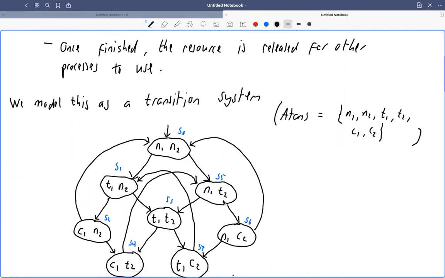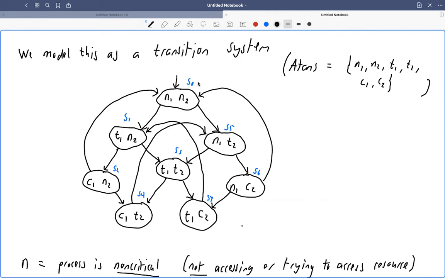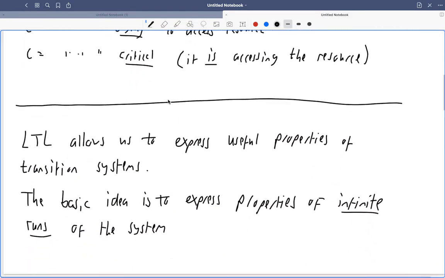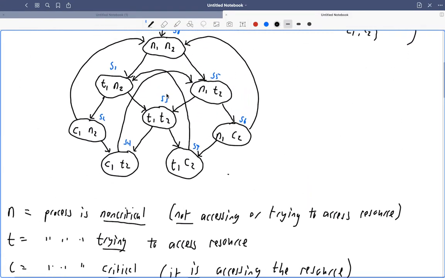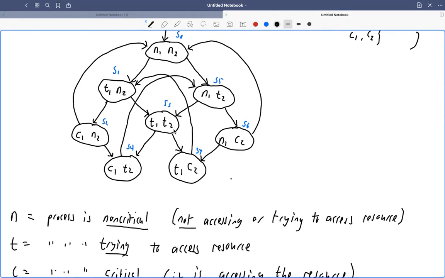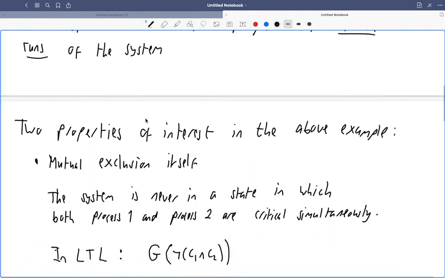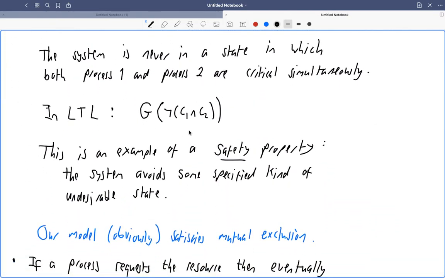So let's start a run through the system, for example, starting at S0. And we take any run in the system, we look at the whole infinite path, and this is simply saying that for that infinite path, whichever infinite path you choose, starting at S0 through the system, at every state along that path, it's not going to be the case that C1 and C2 both hold.